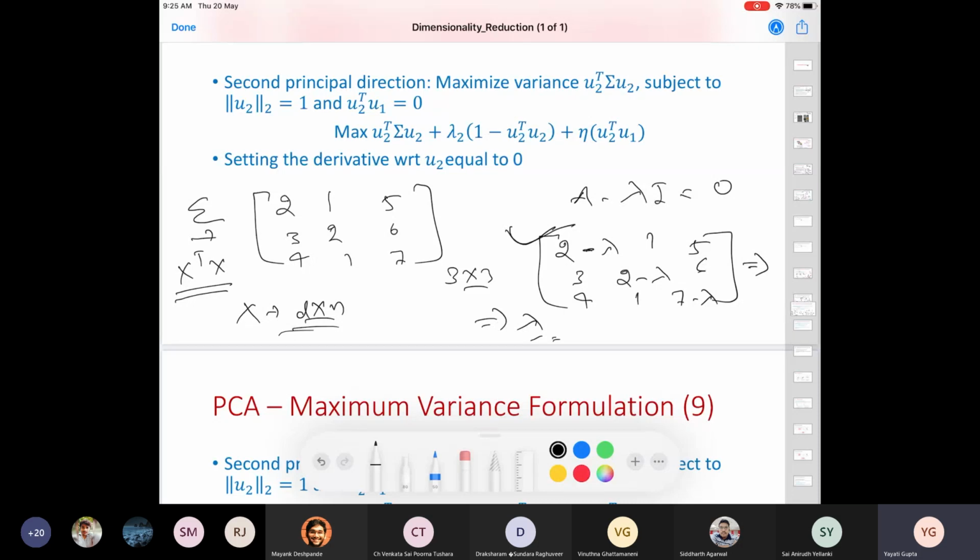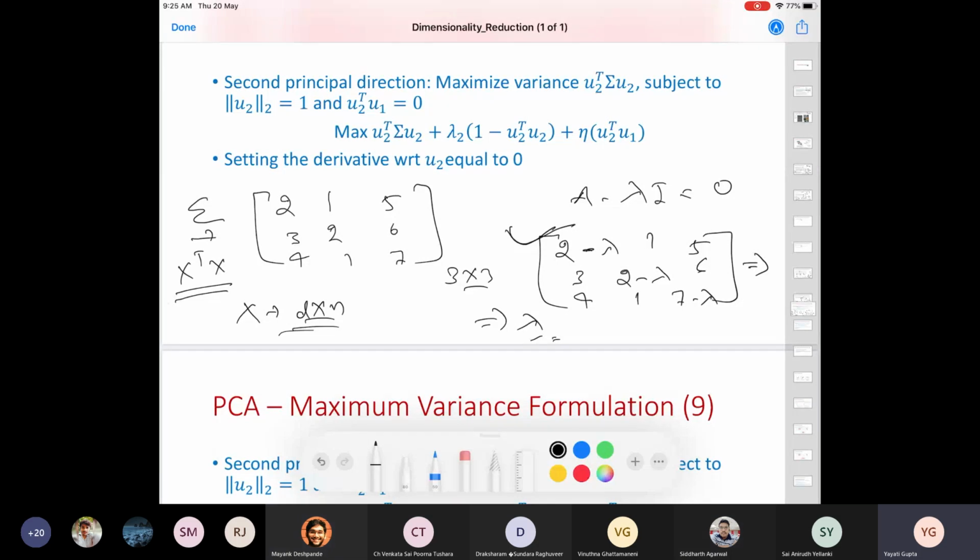Figure out what the lambdas are, and corresponding to those lambdas, you can figure out the corresponding eigenvector. I hope you would have studied this in, I think, Maths 1 or Maths 2. Have you or have you not? We have.